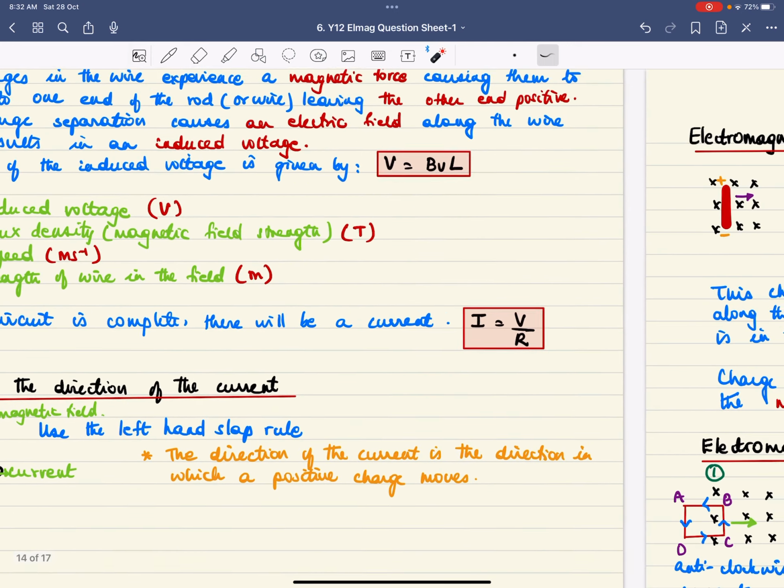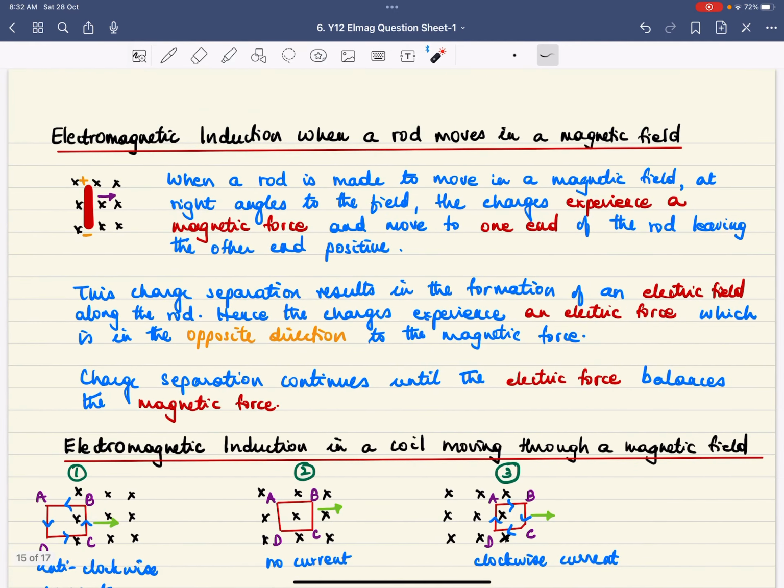Now, if your circuit is not complete but you just have a rod, and you move the rod in a magnetic field at right angles to the field, the charges in the rod will experience a magnetic force and they will move to one end, leaving the other end positive. Remember, it's only the electrons that can move.